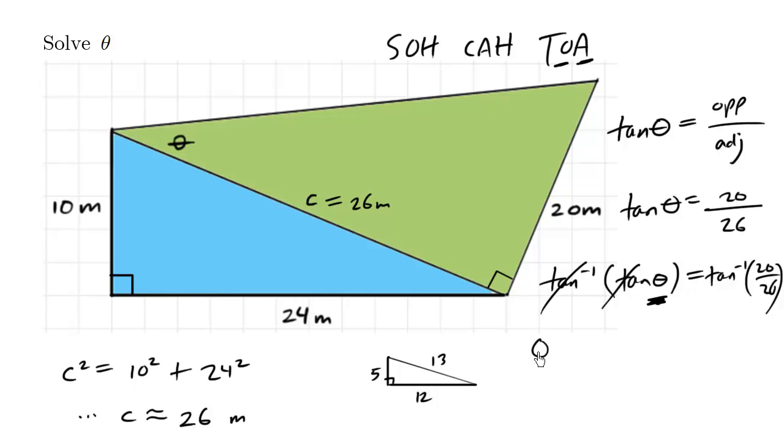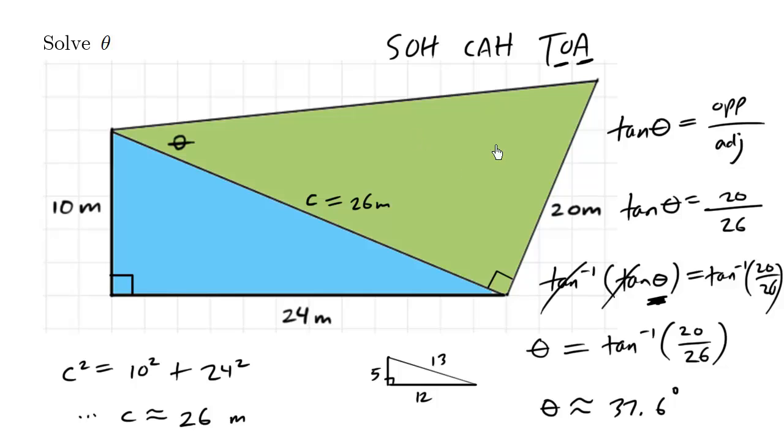So again, theta equals tan inverse of 20 over 26. And making sure that your calculator is in degree mode, we compute this as theta is approximately equal to 37.6 degrees. And visually, when I look at this picture, that seems pretty reasonable.